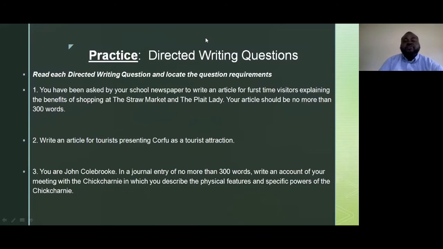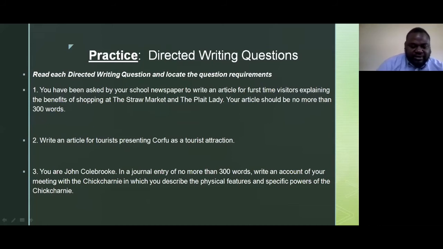For question number 2, it reads, write an article for tourists presenting Corfu as a tourist attraction. I need for you to tell me who is the writer.